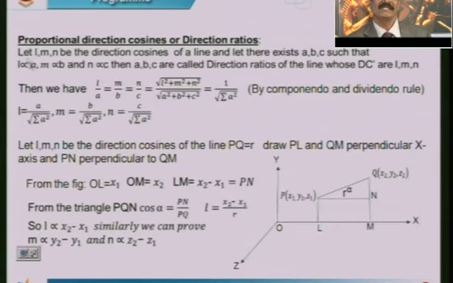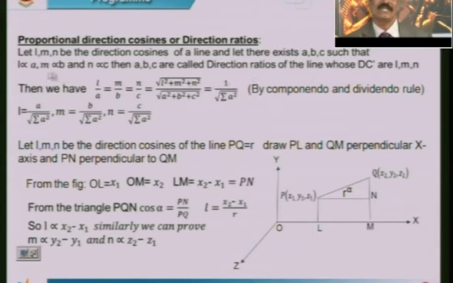And next, see proportional direction cosines. These are our direction ratios. It is another definition based on l, m, n. Suppose the direction cosines of a line are l, m, n, and there exist 3 numbers a, b, c such that l, m, n are proportional to a, b, c.